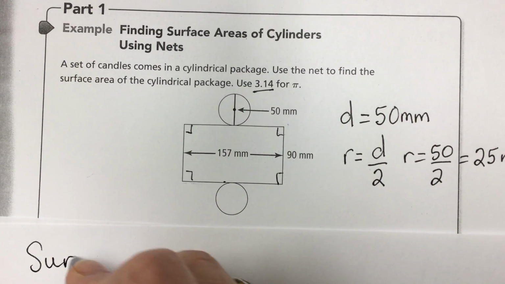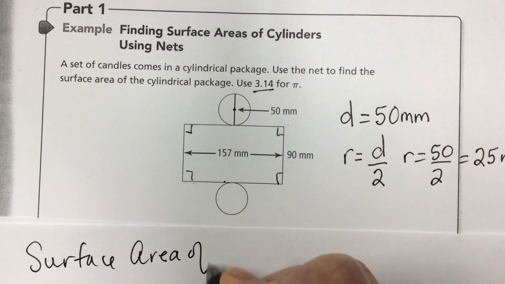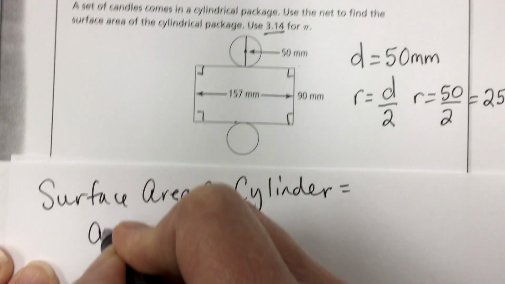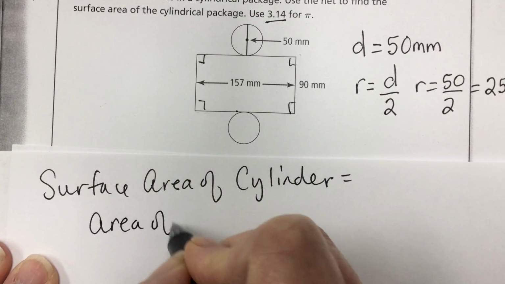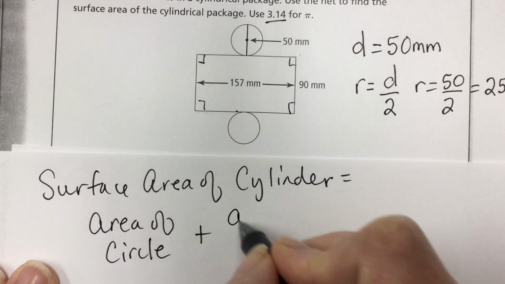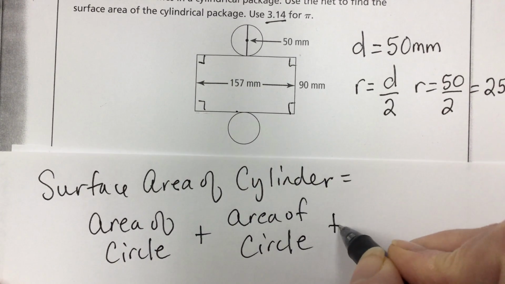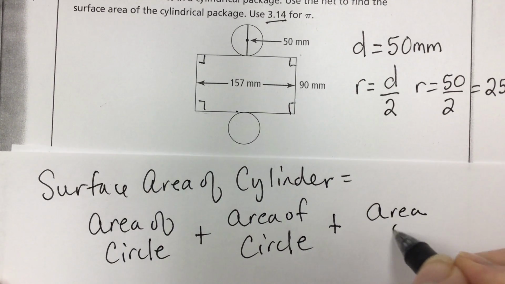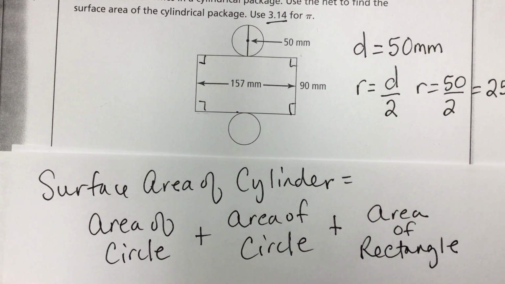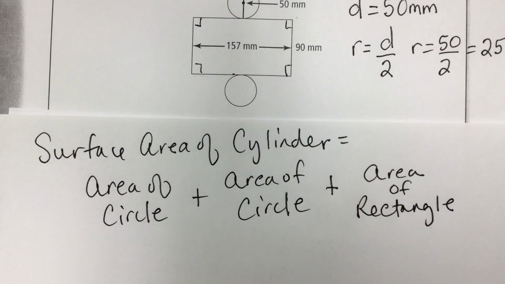To find the surface area of a cylinder, you will add the area of the circle, now there's two of them, plus the area of the other circle, plus the area of the rectangle. You will add them together, and that will be the answer to the question asking us to find the surface area.